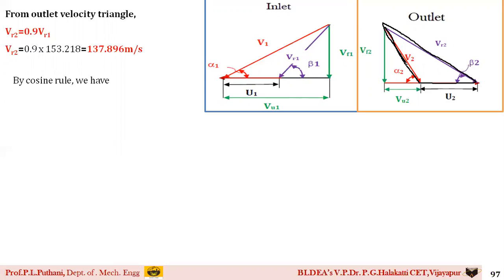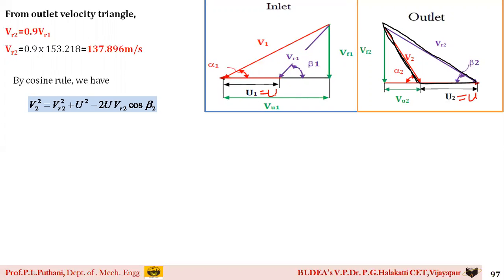This is the outlet velocity triangle. I am applying the cosine rule, and for the cosine rule, we write it as V2 square is equal to VR2 square plus u square minus 2u VR2 cos beta 2. Already I have said that here u2 is equal to u, and similarly u1 is also equal to u itself.